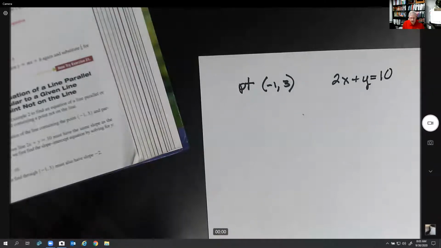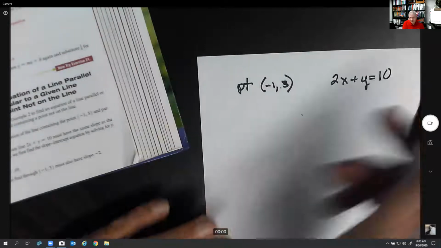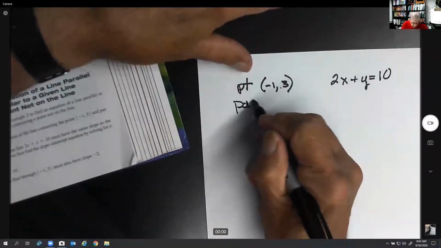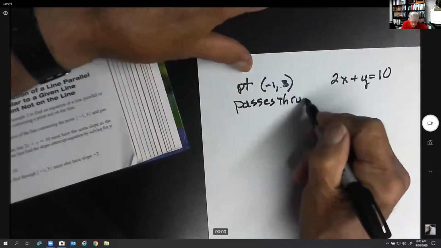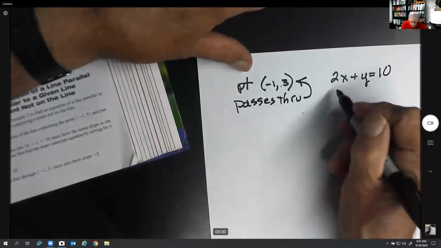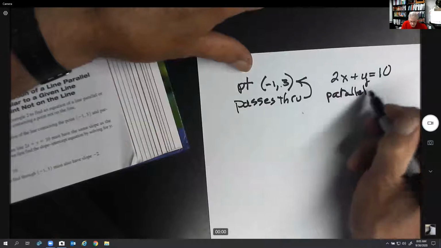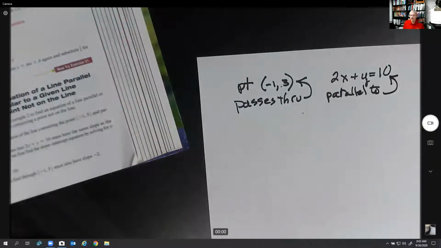We want to write an equation that passes through this point, but is parallel to the given equation. Sounds kind of hard, huh?